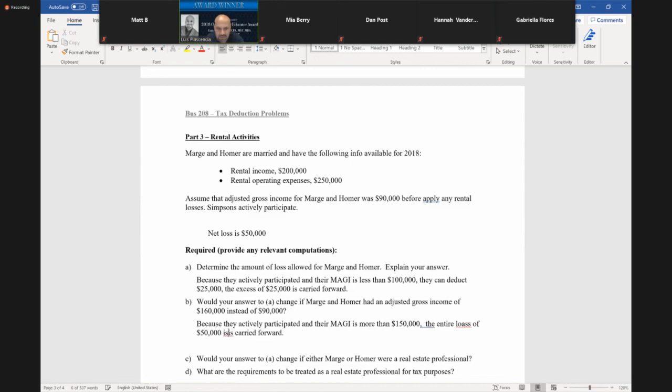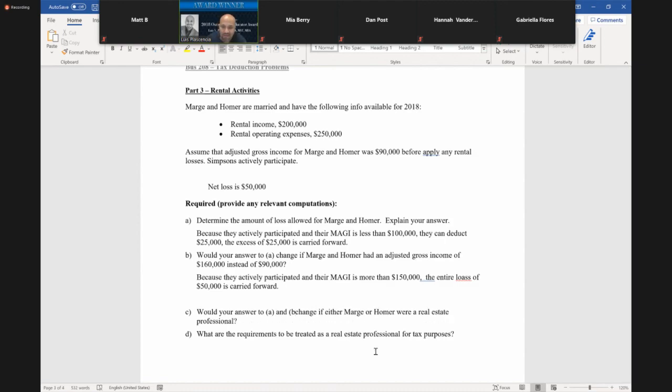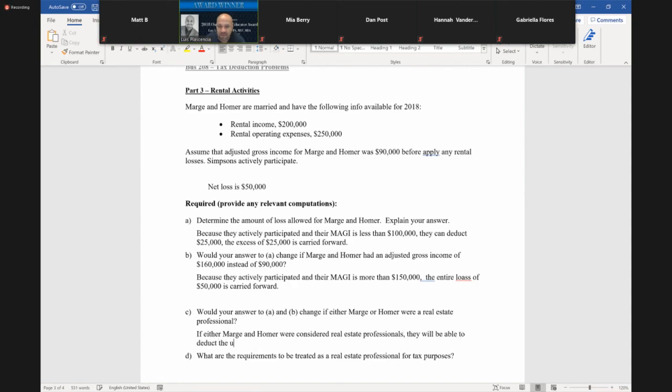Letter C: would your answer change to A or B if either Marge or Homer were considered real estate professionals? Yes. They would be able to deduct the entire loss regardless of their MAGI, right?